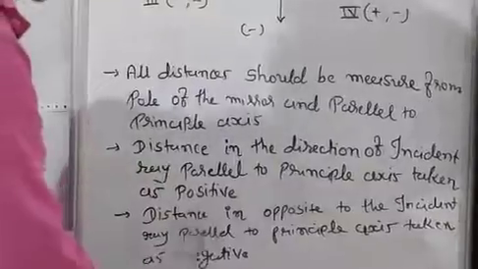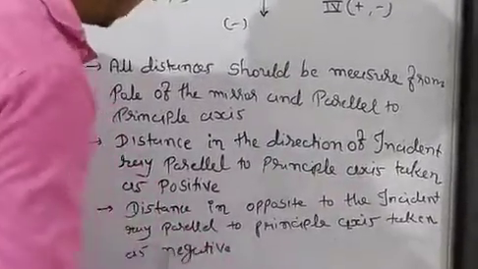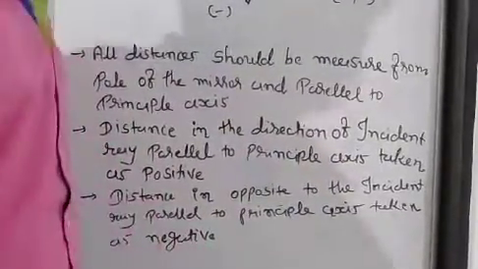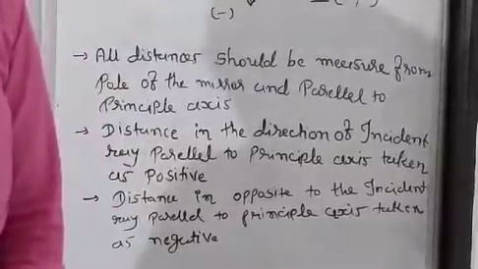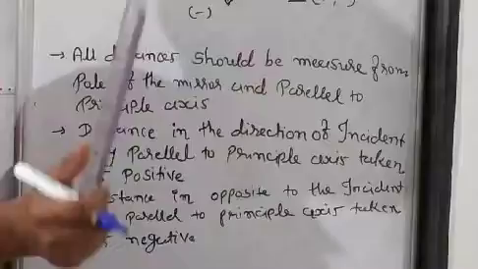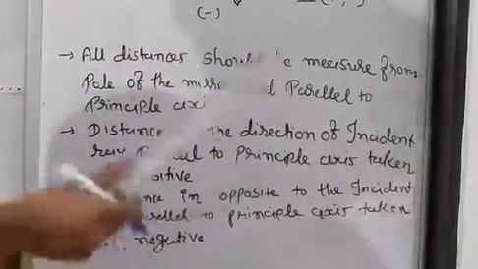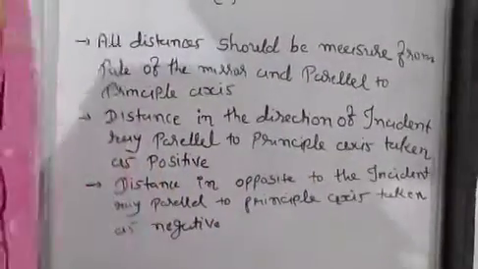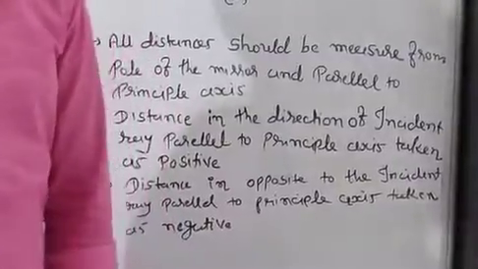And distances opposite to the incident ray, parallel to the principal axis, are taken as negative. If it is in the direction of the incident ray, you take it as positive, and on the opposite side you take it as negative.